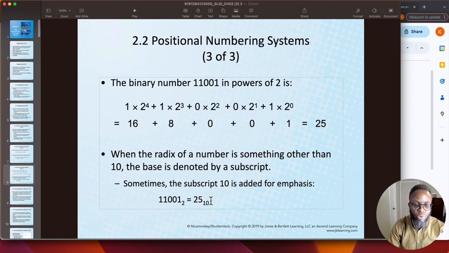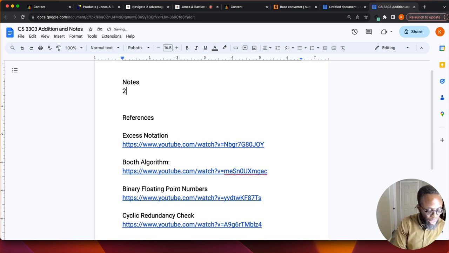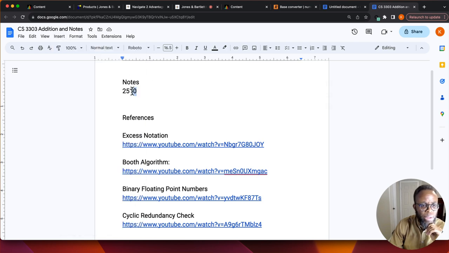So you don't have to write 25 base 10 like this. We just generally write 25. I am not very familiar with this Google Docs, but anyway, I think you get the point I'm trying to make here.